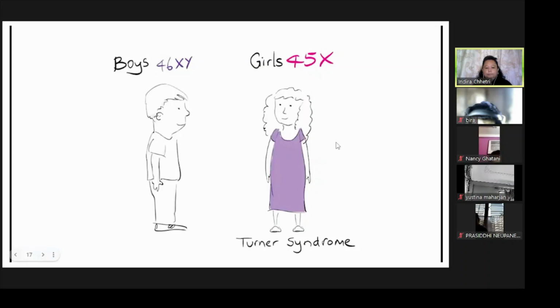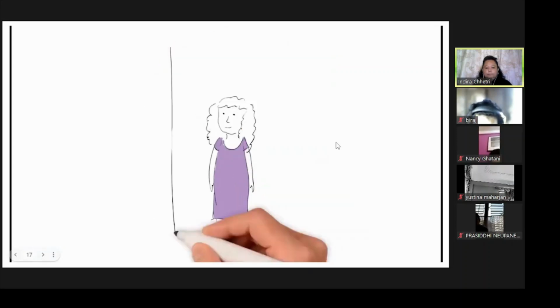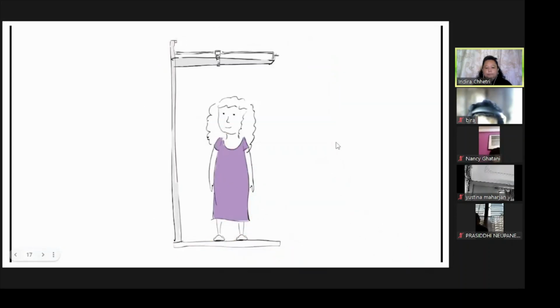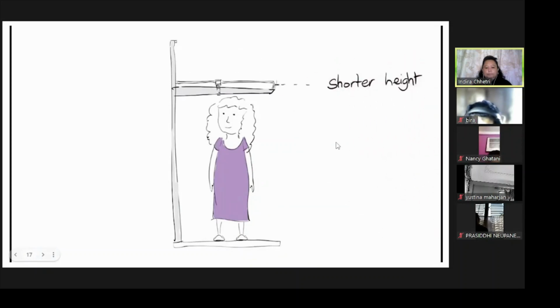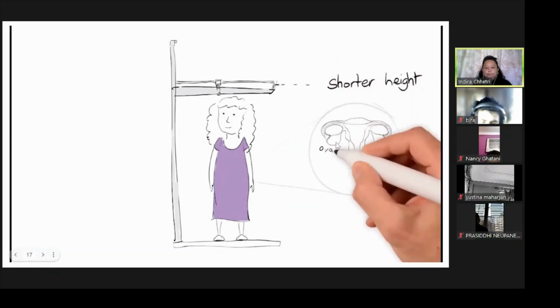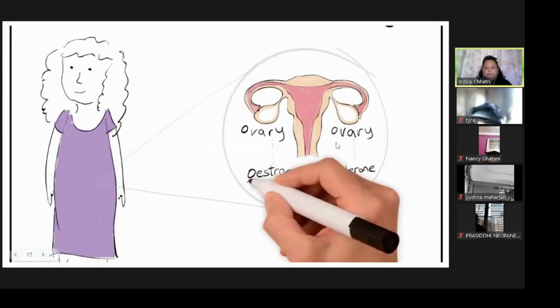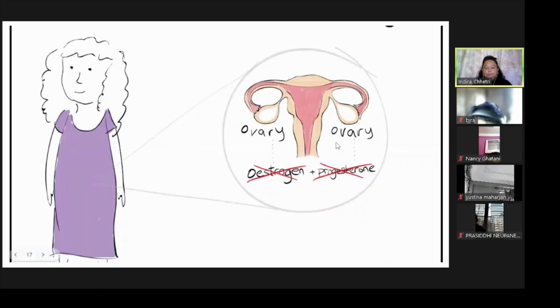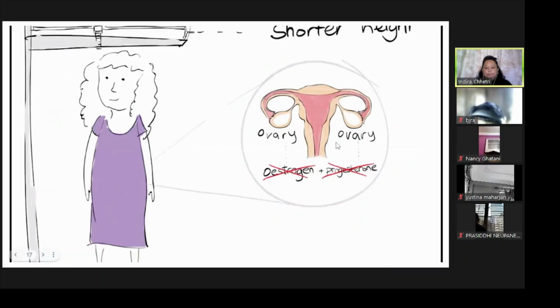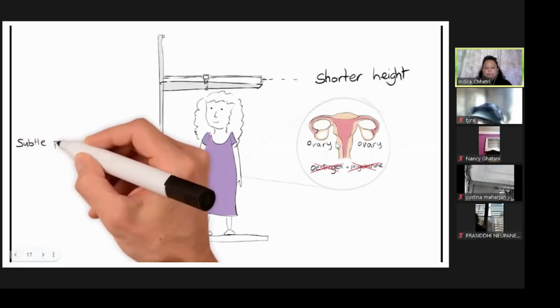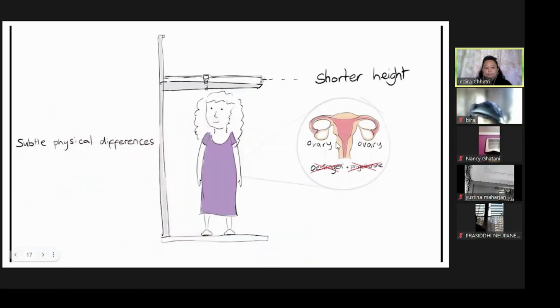The syndrome is very variable, and some girls have very few symptoms. So what are the common features of Turner syndrome? Nearly all girls are shorter than average, and their ovaries don't work properly. The ovaries make the hormones estrogen and progesterone. With less of these hormones, girls with Turner syndrome may not have a growth spurt and may not have periods as usual. There are also other more subtle physical differences, for example, having a wide neck or slightly puffy hands and feet.